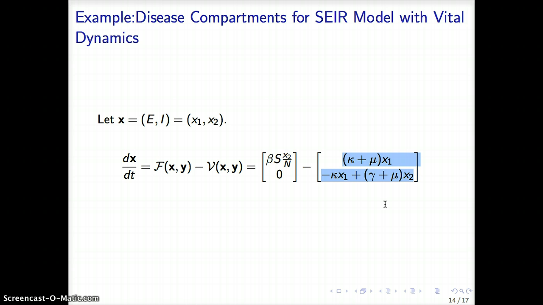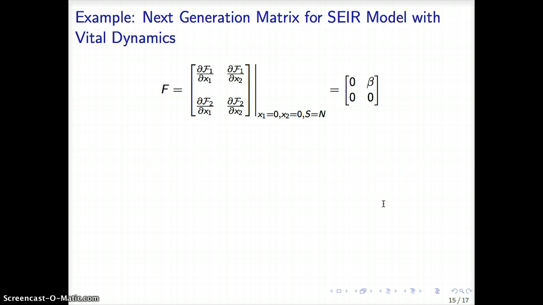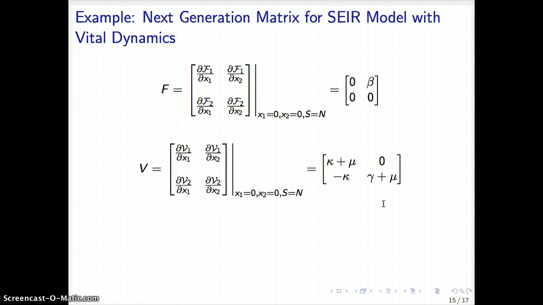For every component, compute the partial with respect to x1. The first partial will be kappa plus mu, and the partial of that expression with respect to x2 is 0, and for the second component we're going to obtain constants. When we evaluate those derivatives at the disease-free equilibrium, the matrix is reduced to this.